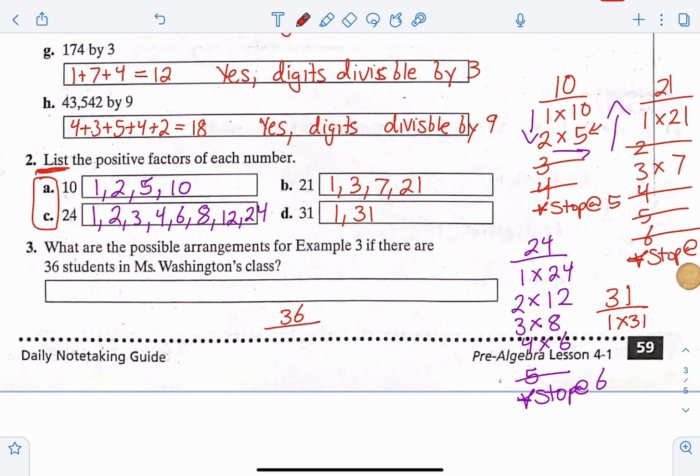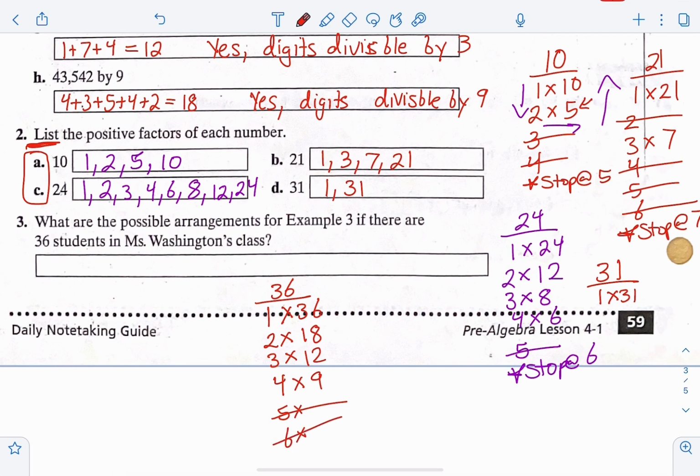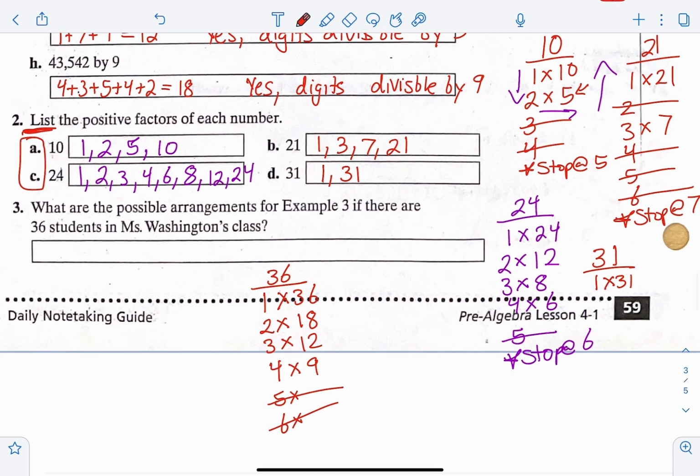For 36, we have 1 times 36, 2 times 18, 3 times 12, 4 times 9, 5 doesn't work, 6 doesn't work. Oh no, we already did 6. 6 times 6, sorry. Okay, then we stop, right, because we've repeated 6 and we've already used 6, so that's a little tricky.